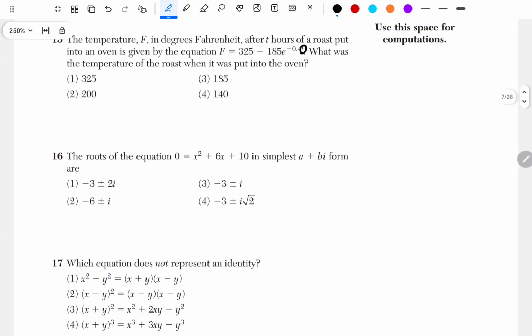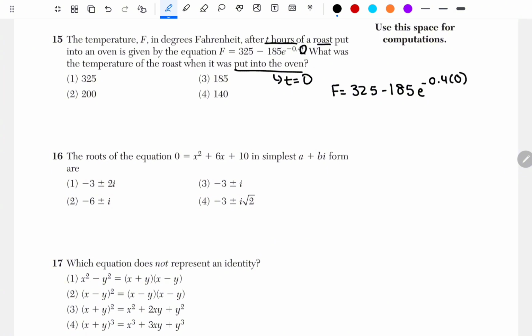Well, we know t represents the hours after the roast was put in the oven. So if the roast was just put into the oven, then t equals 0 because no time has passed. If you plug it into our equation, F equals 325 minus 185 e to the negative 0.4 times 0, we get F equals 325 minus 185 e to the negative 0 power.